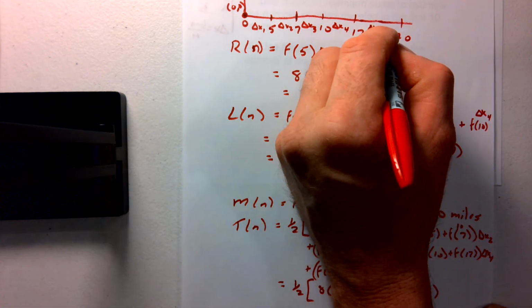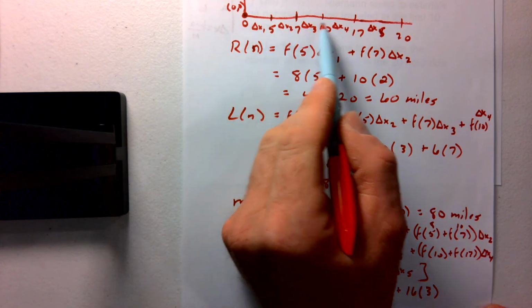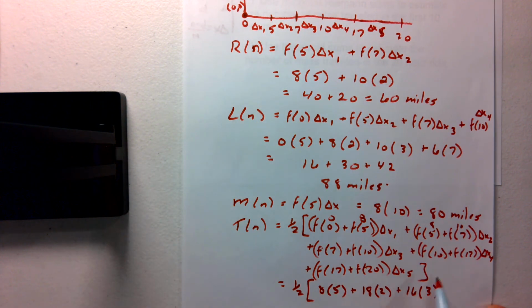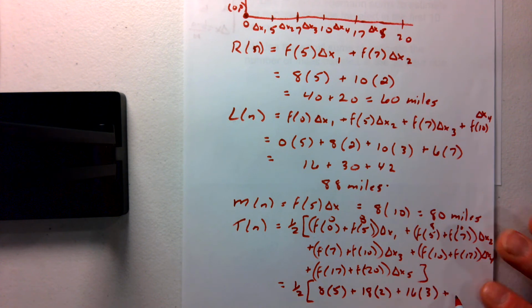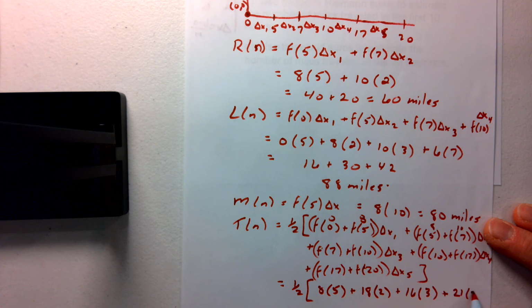Oh, that was a 5, I guess. That might help you see where your delta x's are going to be down in here. Where was I? So we got 1, 2, 3, so delta x4. So f of 10, which is 6, plus 15, so we get 21, times delta x4, which is 7.